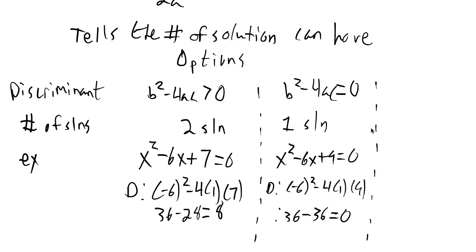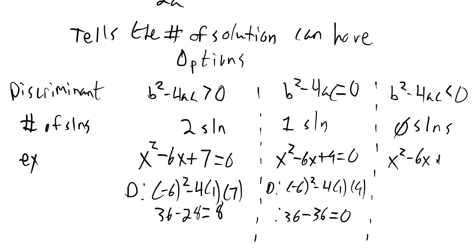And our last option is that our discriminant b squared minus 4ac is less than 0, or it's negative. What happens if that's the case? Well, we know that we have no solutions. So this would be something like x squared minus 6x plus 11 is equal to 0.